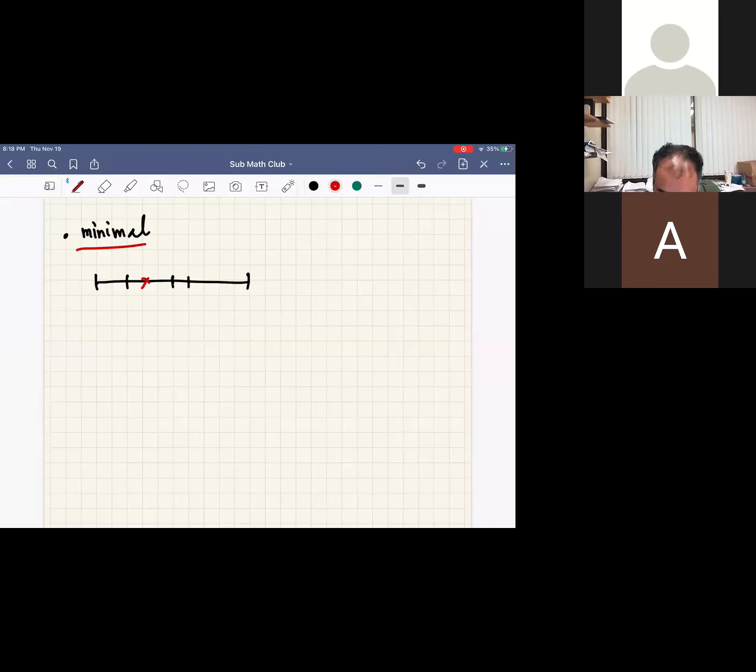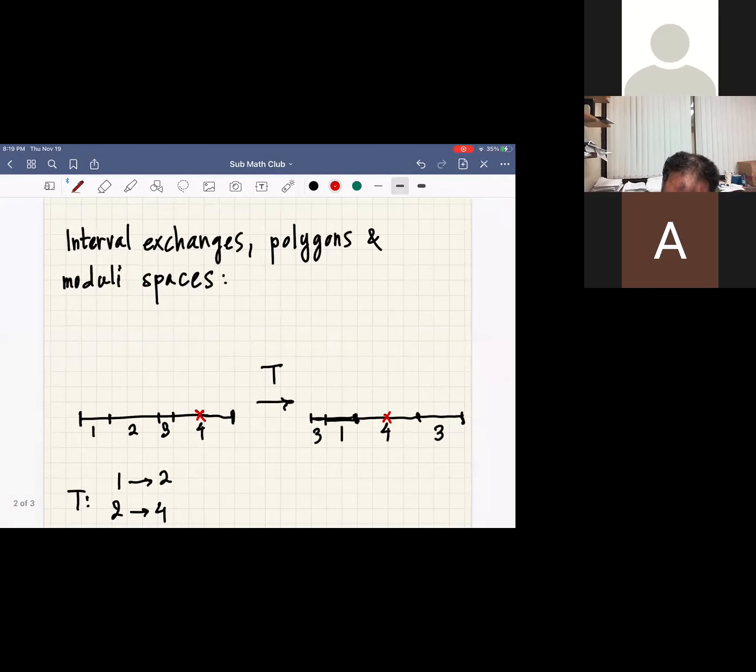Let me also keep track of the time. It is going to be minimal if this point and its iterates visit everywhere along this interval. In other words, if I pick any visible part of this interval, some subsegment like this, there is some iterate of T that lands in it.